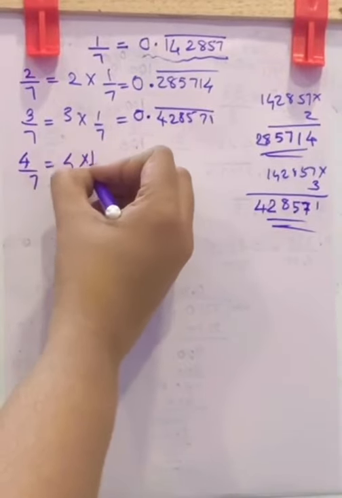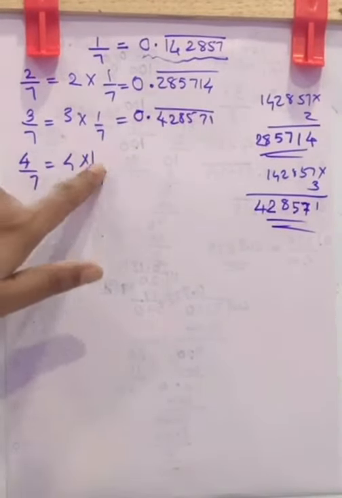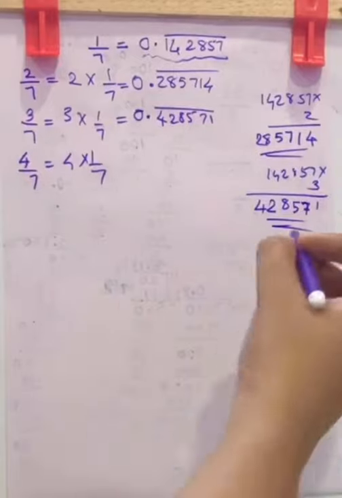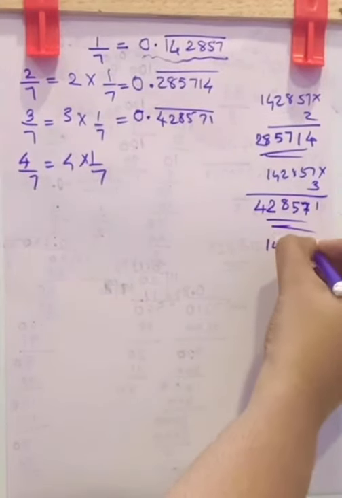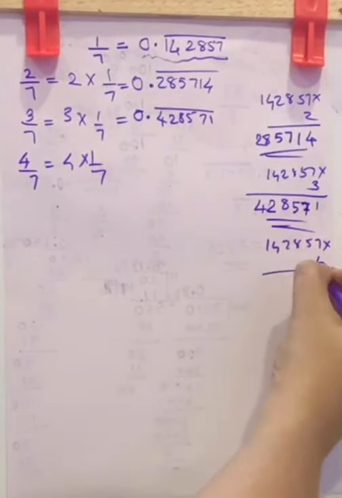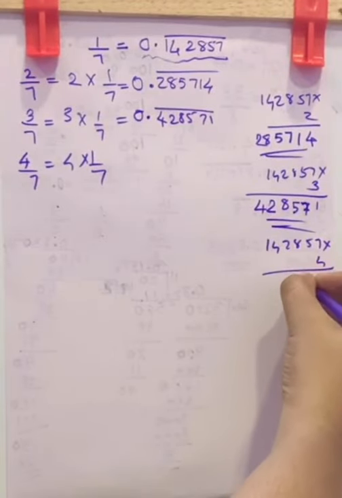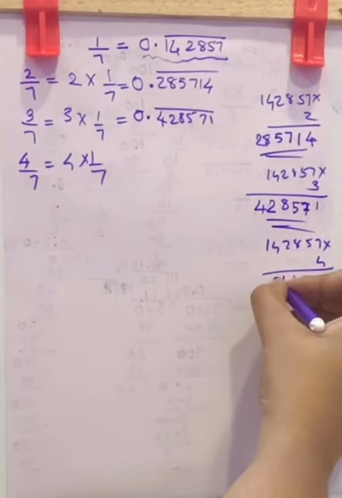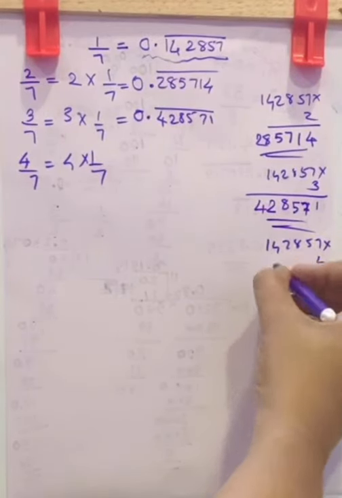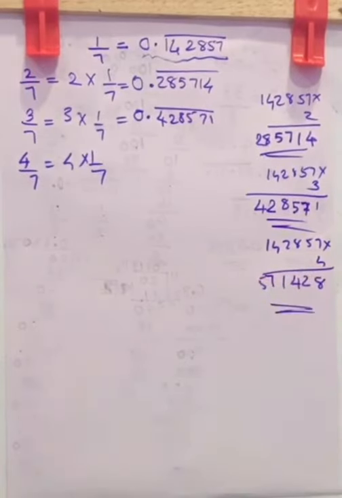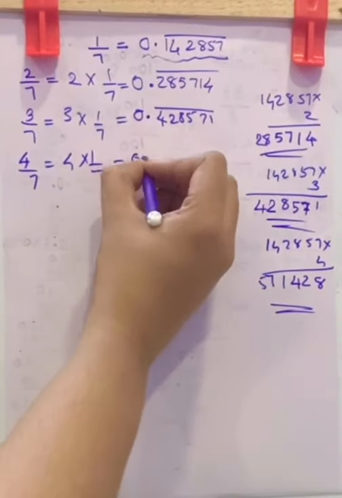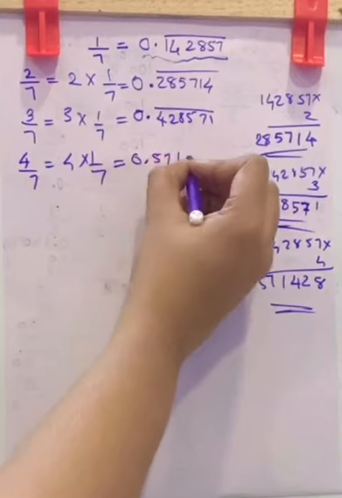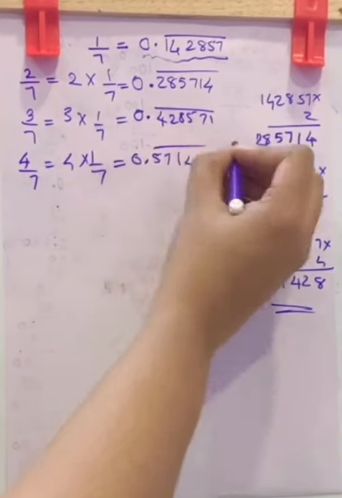4 into 1 by 7. Again, you know the value of 1 by 7. Now 142857 into 4. Which is equal to 0.571428 bar.